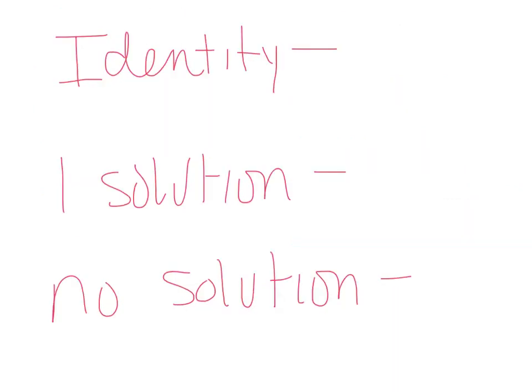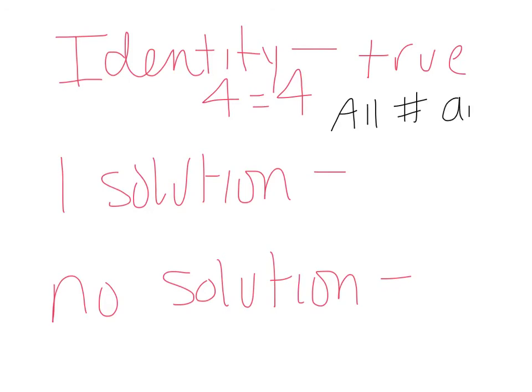All right. When we look at equations with variables on both sides, you can get something called an identity. This is when all your variables end up canceling out and you're left with something like 4 equals 4. So you're left with a true statement. That means that basically all numbers are solutions.